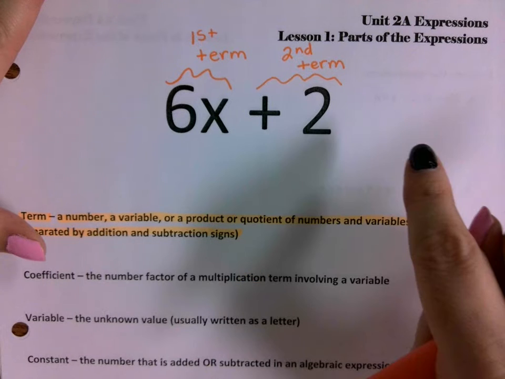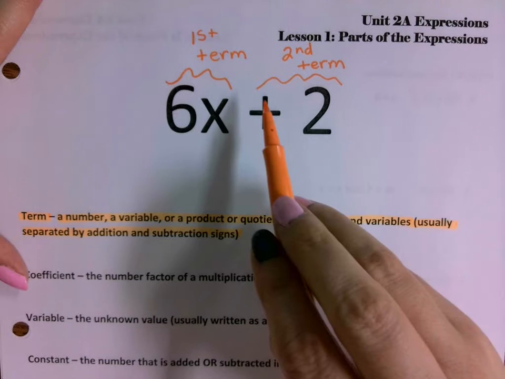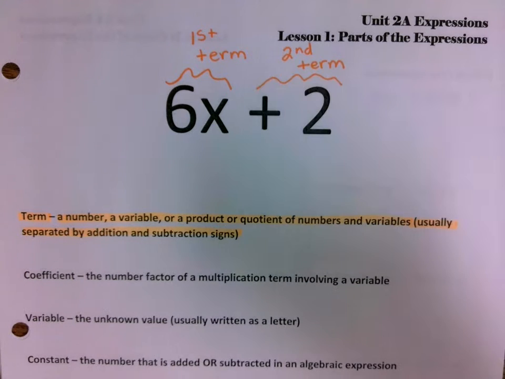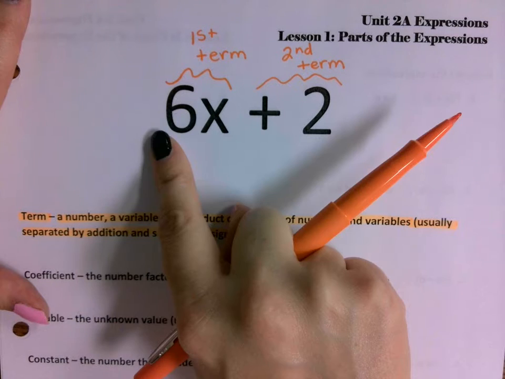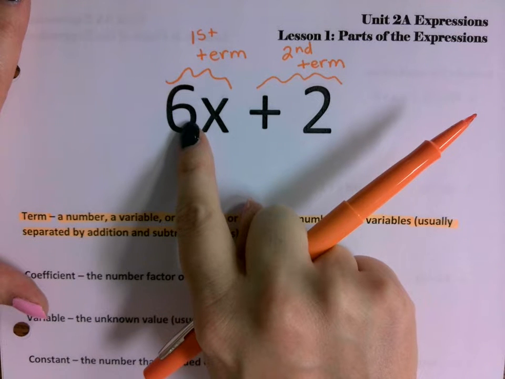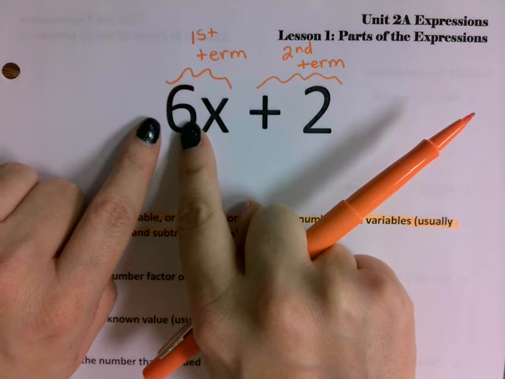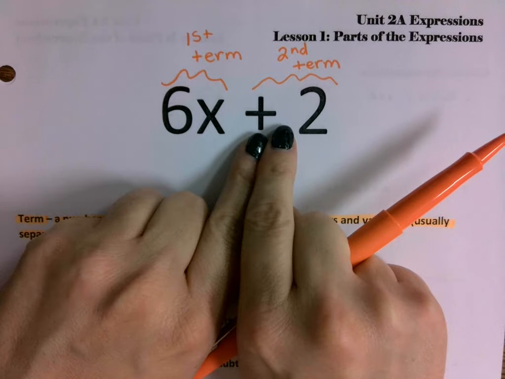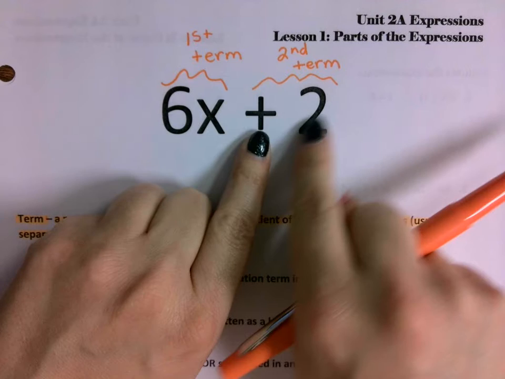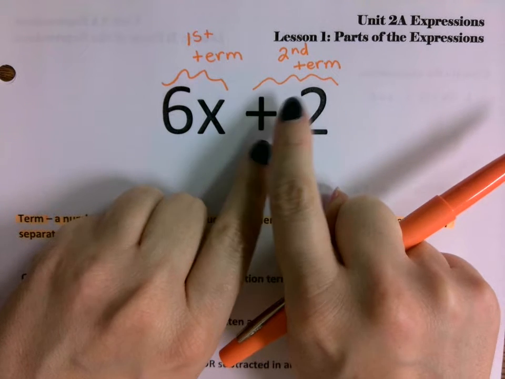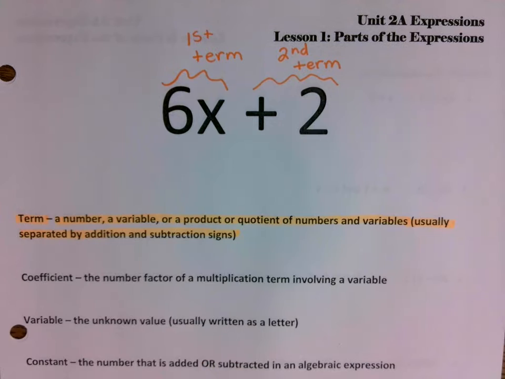Your plus signs and minus signs belong to the number or term that it is in front of. What I mean by in front of is when you read from left to right. Is that plus sign in front of the 6x? No, in front of it would be before it, wouldn't it? Before is the same thing as in front of. That plus sign is before the 2, so it belongs to the 2. It means you are adding a 2, so it's a positive 2. It's very important to understand which value the sign belongs to.